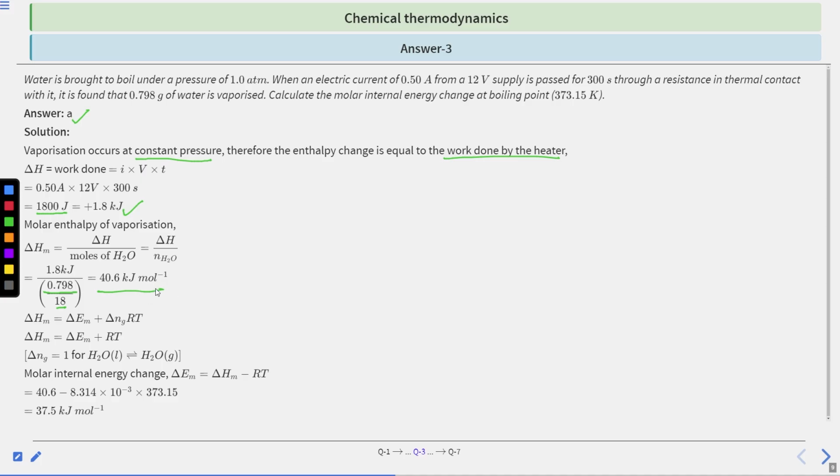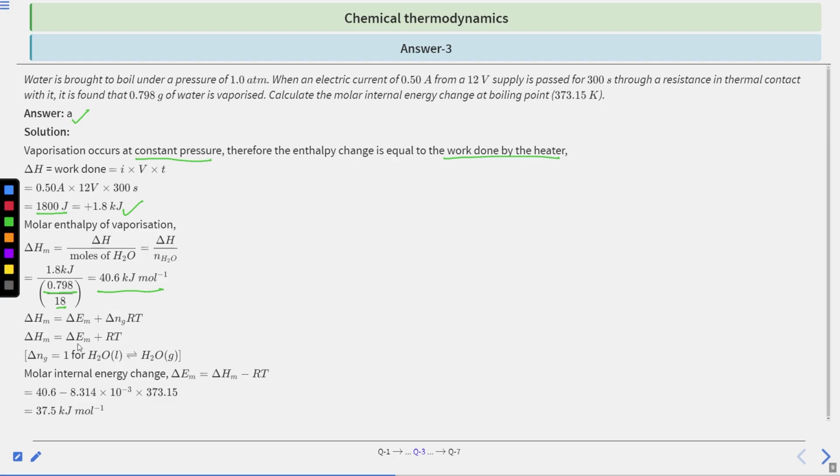And on applying the equation of molar enthalpy of vaporization, del Hm equals del Em, that is molar change in internal energy, plus del Ng RT, where del Ng is the change in number of moles of products minus number of moles of reactants.